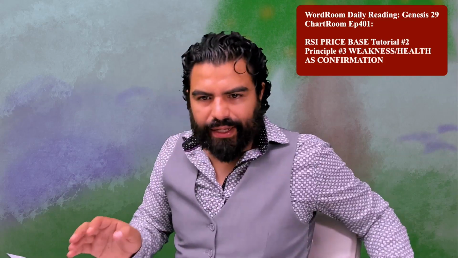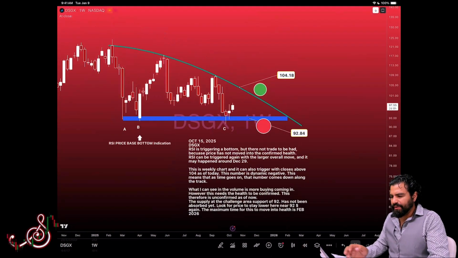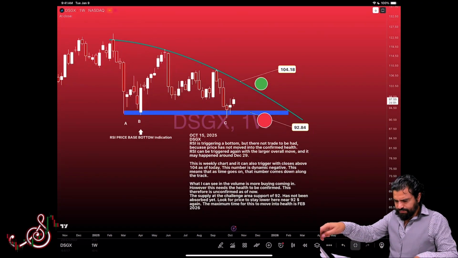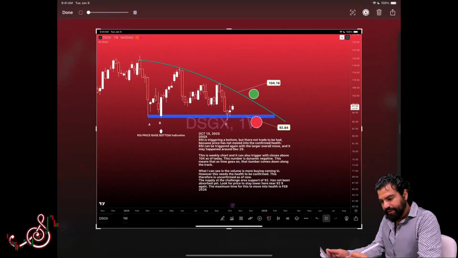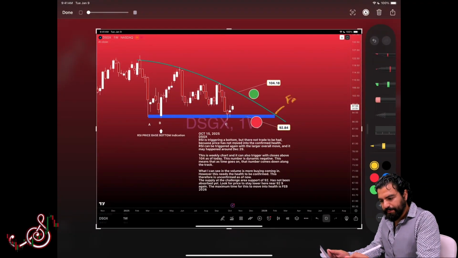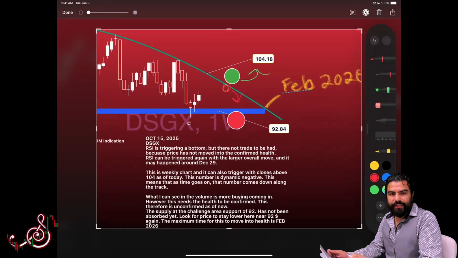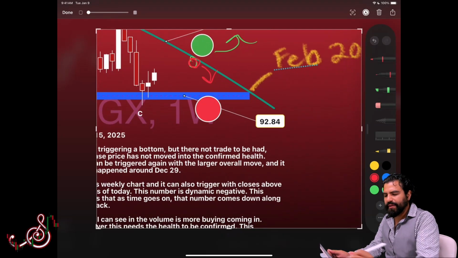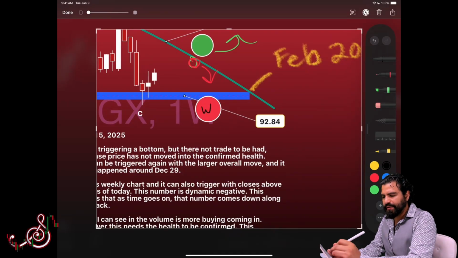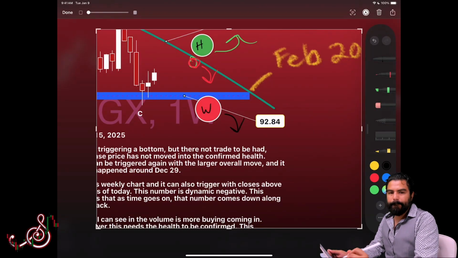All right, I had to copy and paste the piece on there so that this will show up. Okay, guys? So this is around February, the maximum time, February 2026. Health, weakness, or resistance weakness, and that would be our big weakness right here. We have not triggered these as of yet.